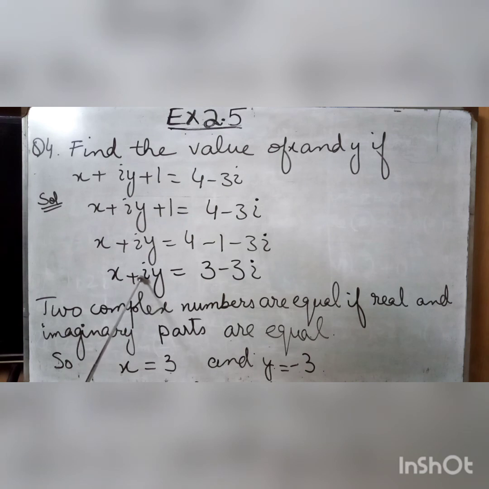X plus iota y equal to 3 minus 3 iota. After simplification, two complex numbers are equal if real and imaginary parts are equal. Therefore, x is equal to 3 and y is equal to minus 3.